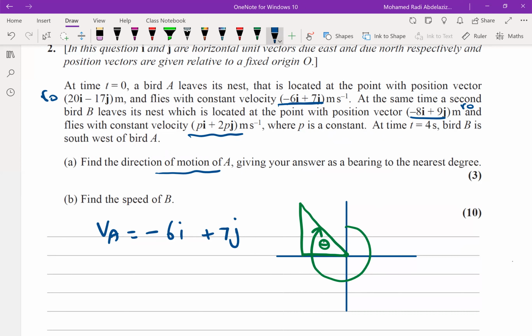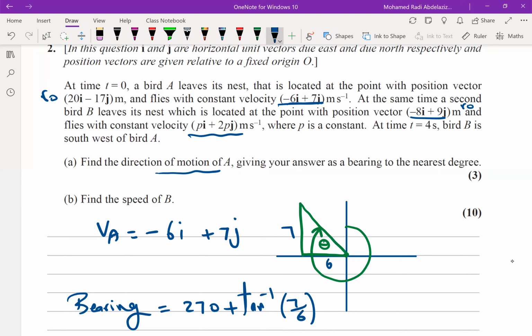First, you can find the angle theta. Opposite is 7, adjacent is 6, then add 270. So the bearing as a direction is equal to 270 plus tan inverse of 7 over 6. Or you can find this angle first, then add it to 270.